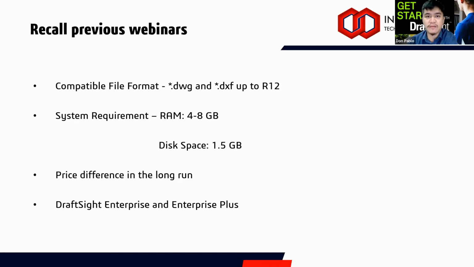For the system requirements, DraftSight requires only 4 to 8 gig with a disk space of 1.5 gig. So napakaliit lang yan or napakagaan. And price difference in the long run was discussed by our sales personnel, Sir Ivan, last webinar series. So doon natin nakita yung magiging ROI and savings when using DraftSight.